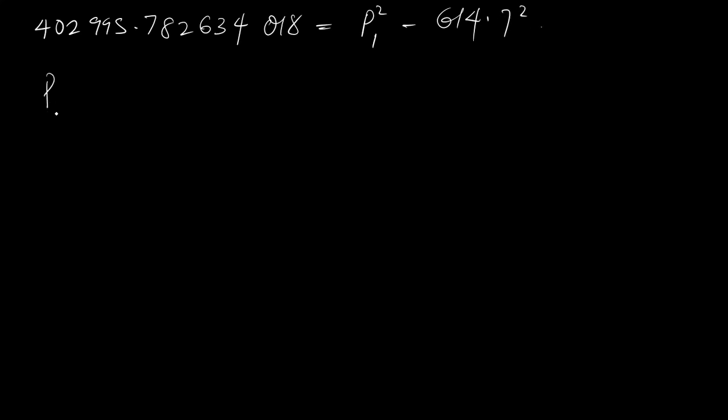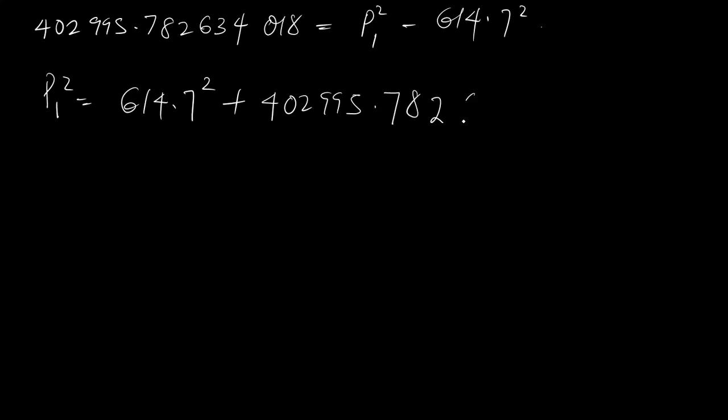So p1 square will now be equal to, if you move this to the other side, 614.7 square plus 402,995.7826340818.